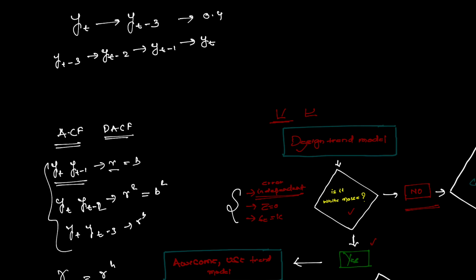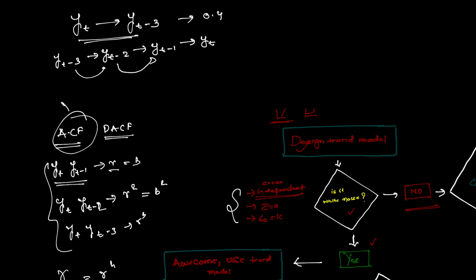So actually, when I'm trying to find out the correlation between yt and yt minus 3, I also have the correlation impact due to yt minus 2 and due to yt minus 1. So I want to remove that correlation impact and really want to find the pure autocorrelation or pure correlation between yt and yt minus 3.